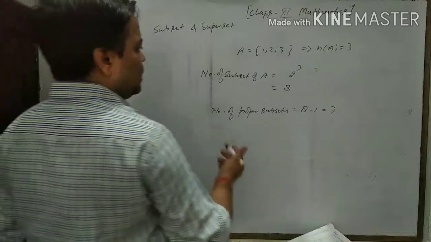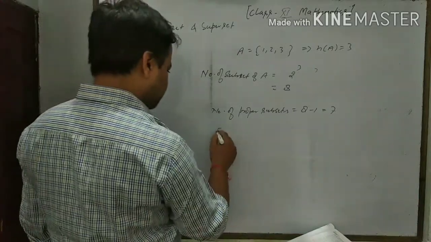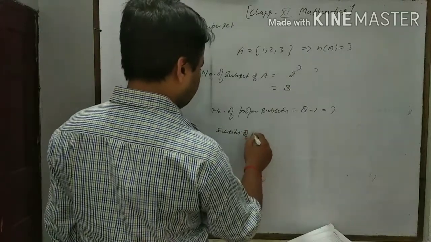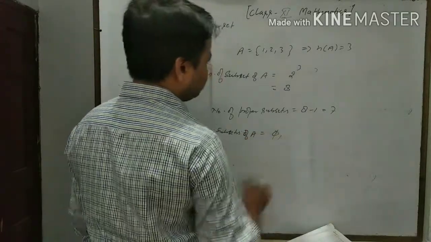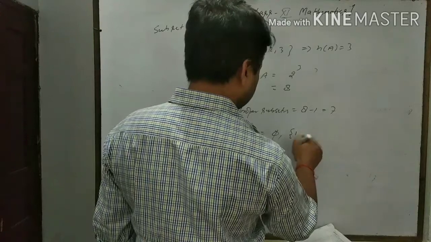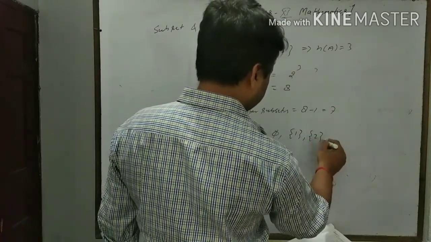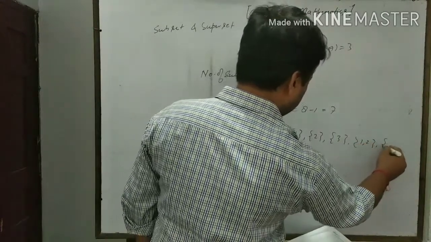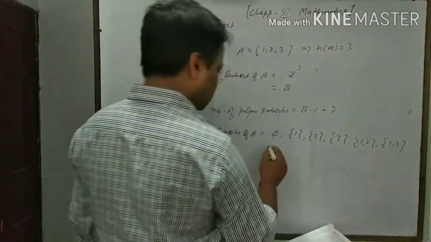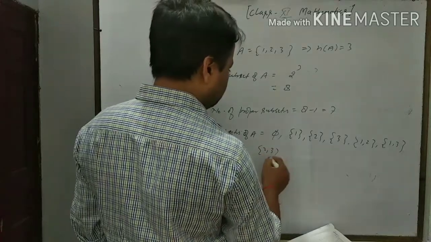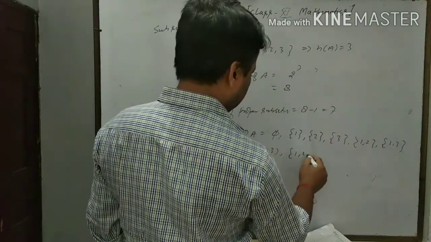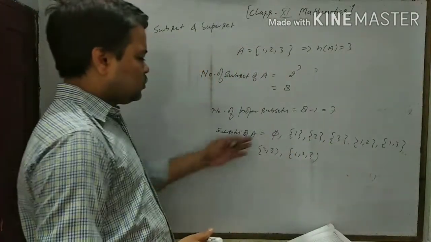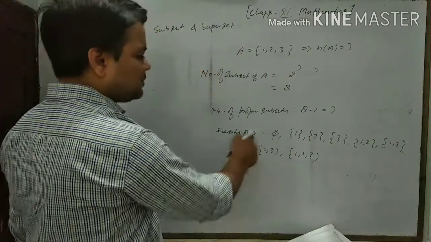If we make the subsets of A: the empty set, then {1}, {2}, {3}, {1, 2}, {1, 3}, {2, 3}, and {1, 2, 3}. That is 1, 2, 3, 4, 5, 6, 7 and 8. This is the total number of subsets of set A.